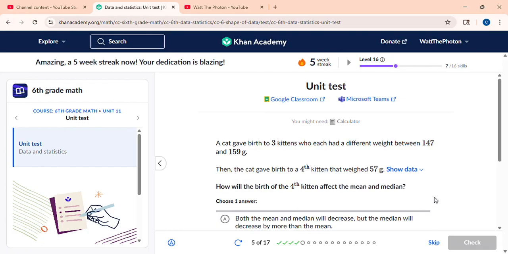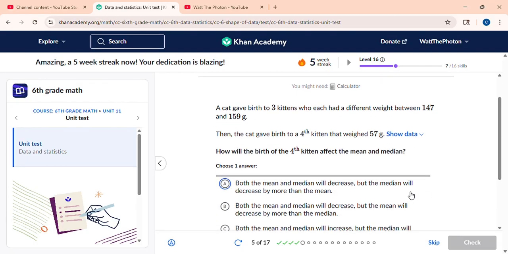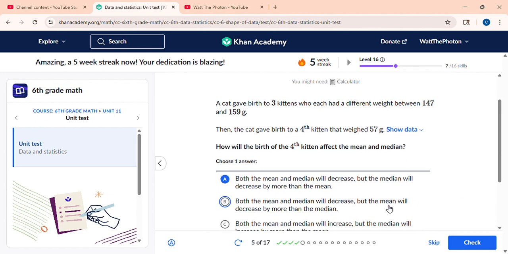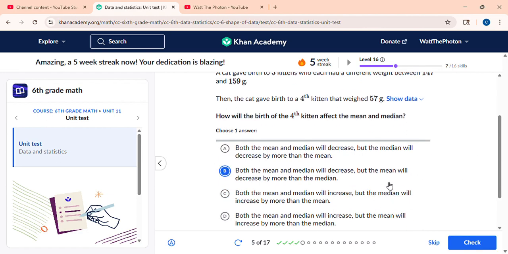So decrease the mean and decrease the median. Both. The mean will decrease more because the median is going to go from like 150 to 147. So that's a delta of 3 instead of a delta of like 30.